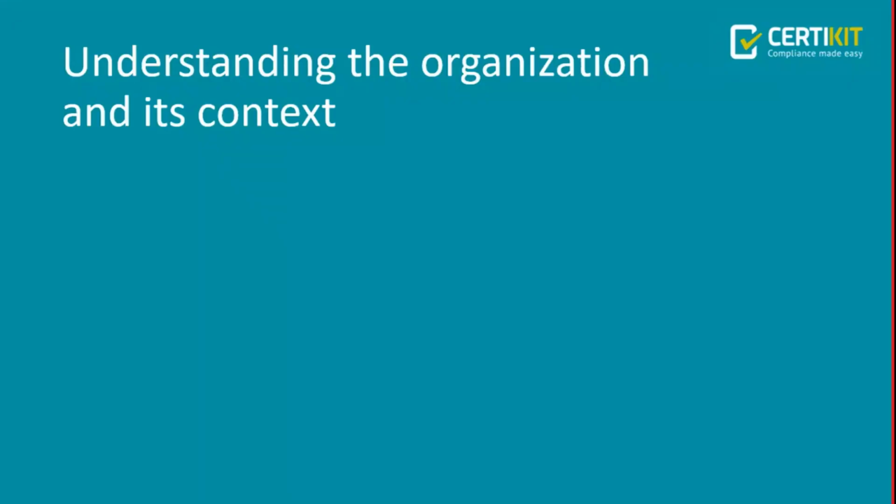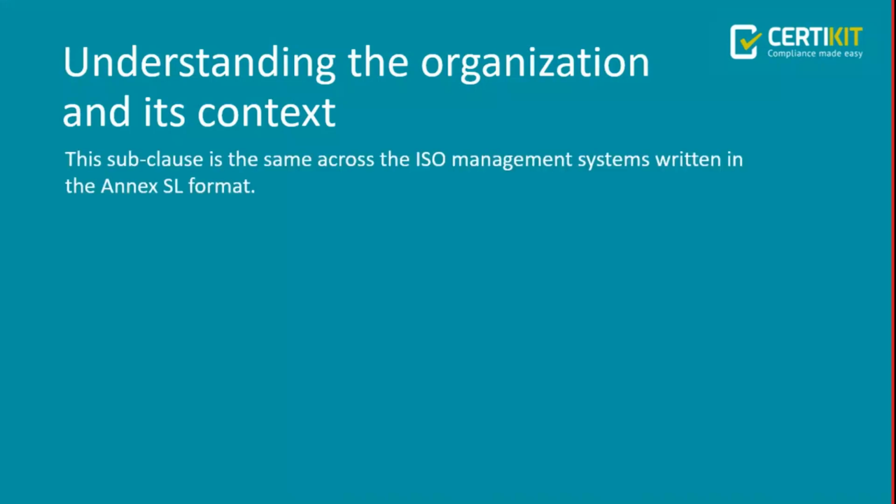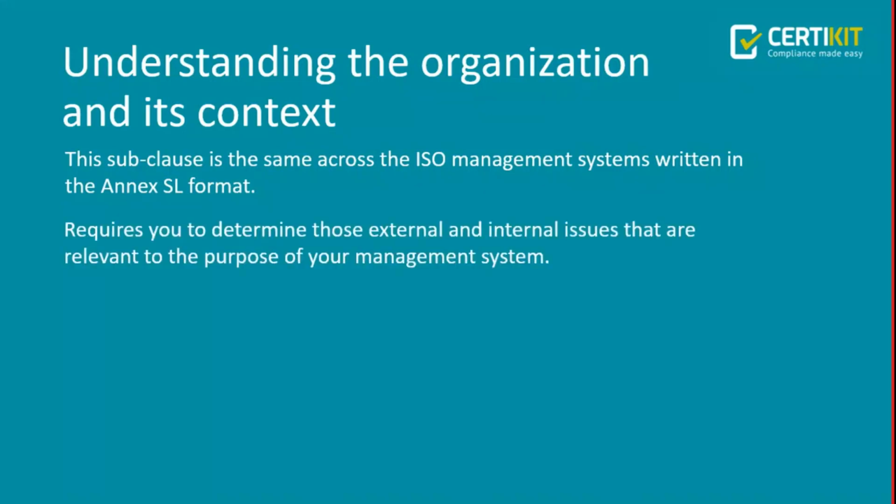So understanding the organisation and its context. This is the first subclause of the main clause, again written in Annex SL. It requires you to determine internal and external issues that are relevant to the purpose of your relevant management system. So if it's a quality management system, 9001, you're implementing, it will be internal and external issues that could affect your quality.